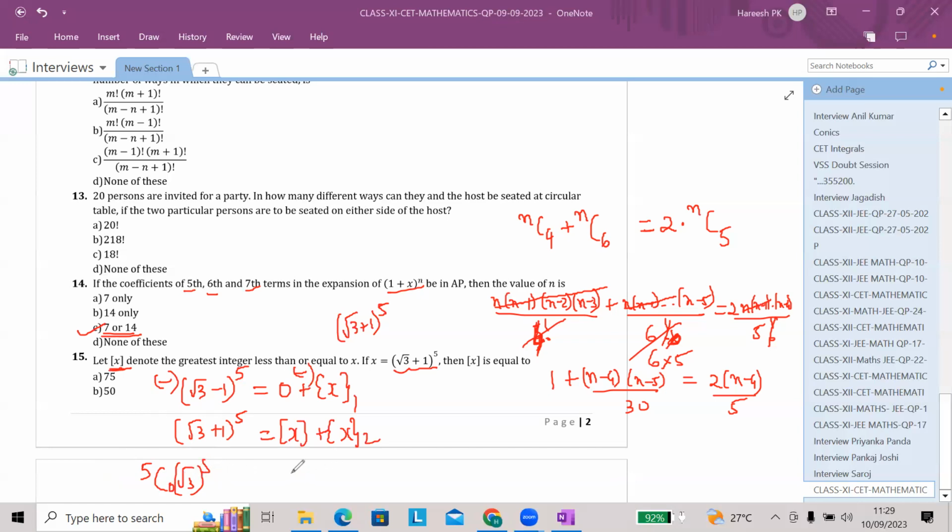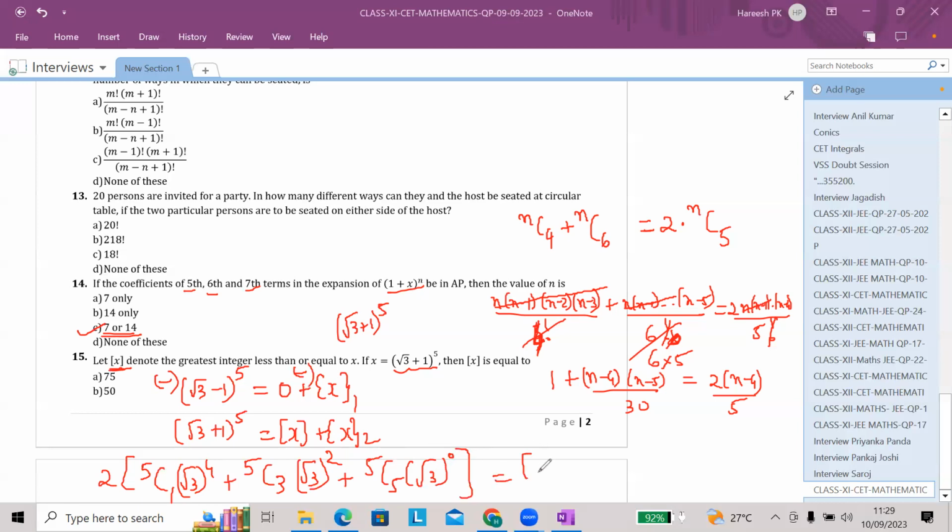I'll only be left with 2 times 5C1 root 3 power 4 plus 5C3 root 3 square plus 5C5 root 3 power 0. So this is what I'll be getting.